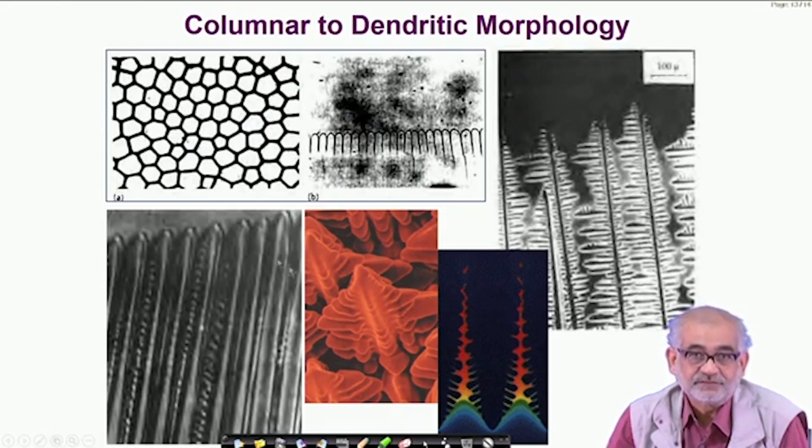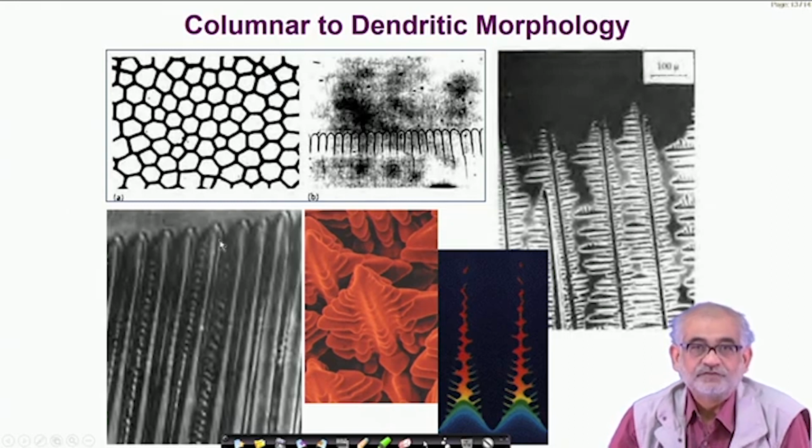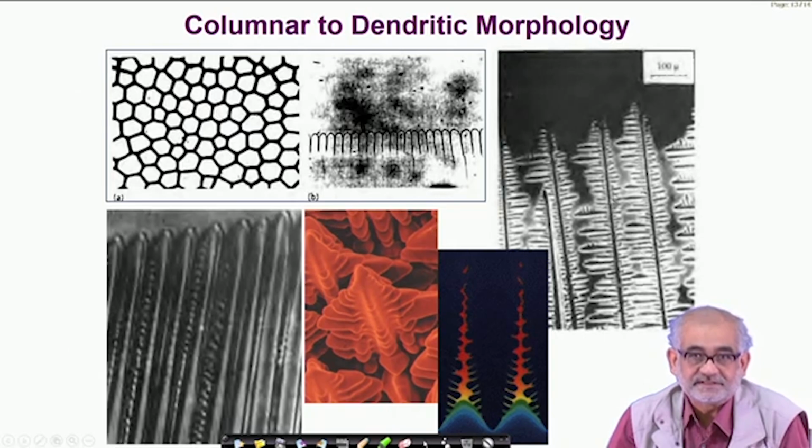And in a situation where such a solid-liquid interface can no longer maintain planarity and deviates from planarity and moves into a non-planar solidification front, then we end up getting such dendritic structures, where we see growth not only in one direction but also in the lateral perpendicular direction and even in the tertiary direction.